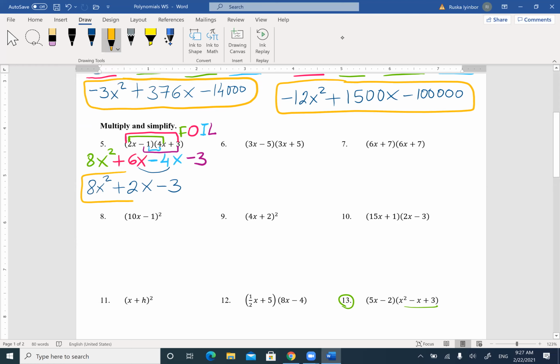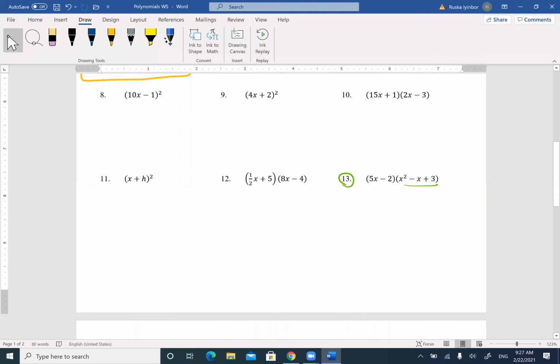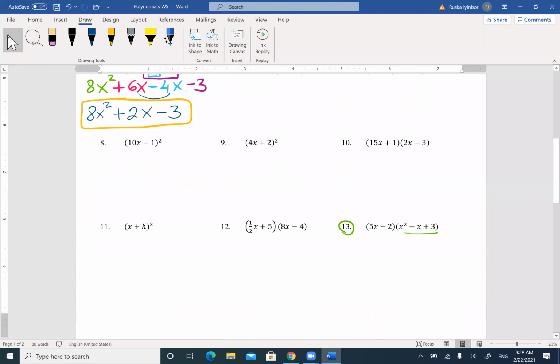And again, FOIL works when you have two terms and two terms. Okay? So you can do FOIL for numbers 5, 6, 7, 12. Number 13 is not. Number 13, I'll show you the distribution or table method.